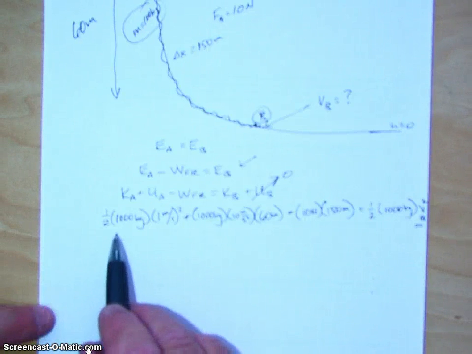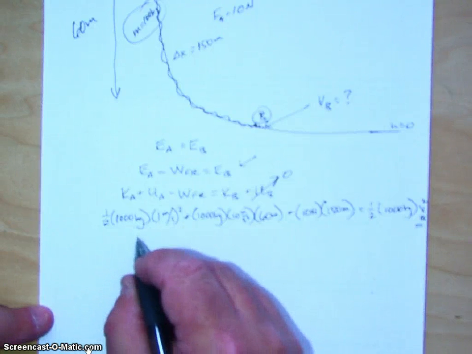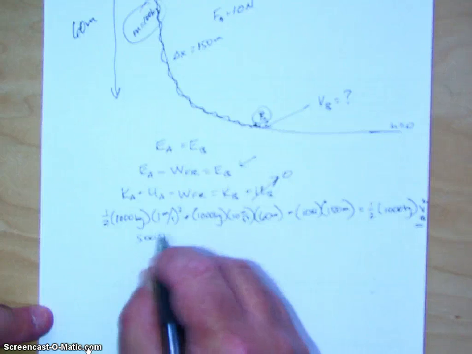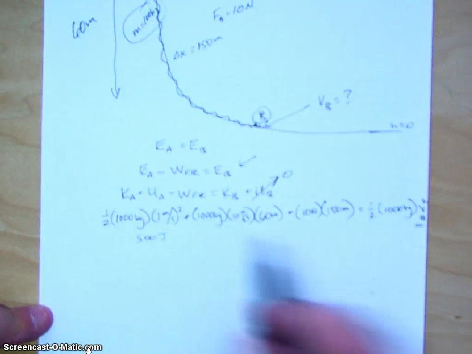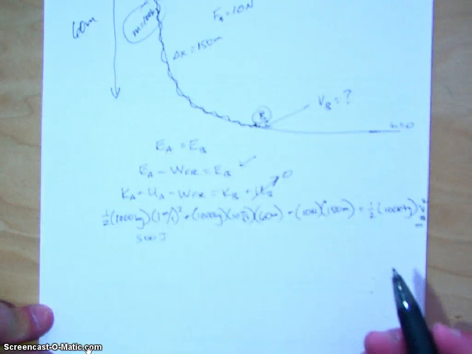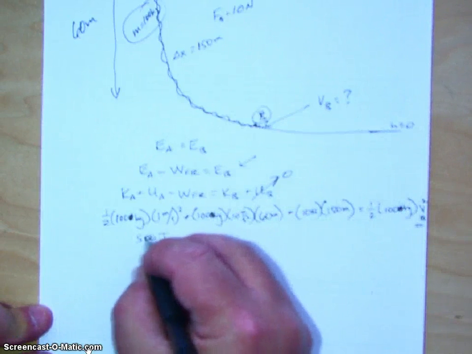Let's see if we can solve it. I made that a 1,000 kilogram cart. Let's make that a 100 kilogram cart, because that's what I wrote. Sorry about that. So the kinetic term is 50 joules.